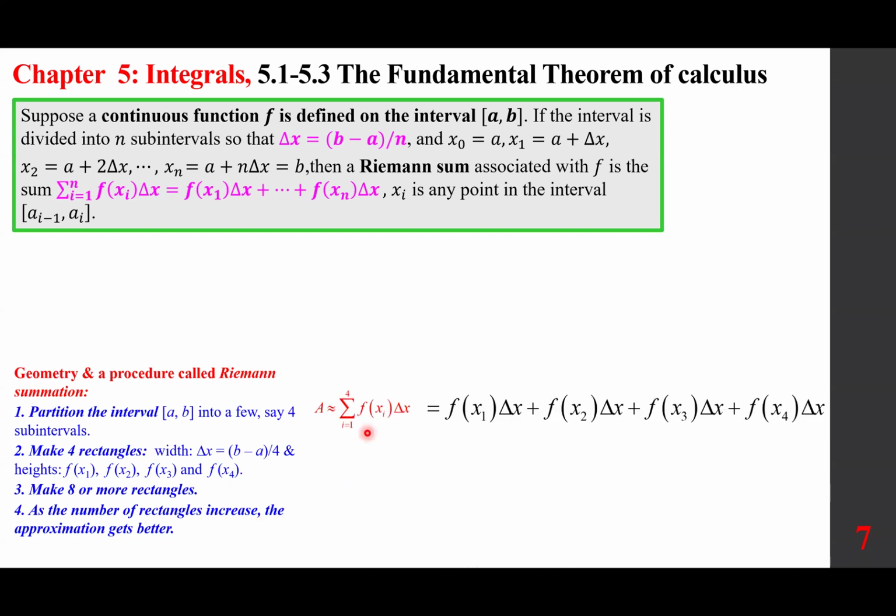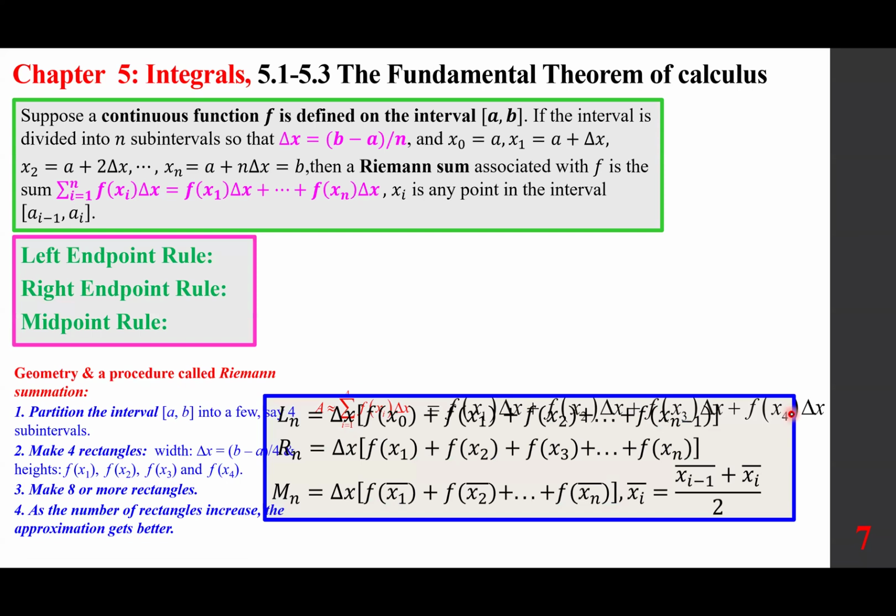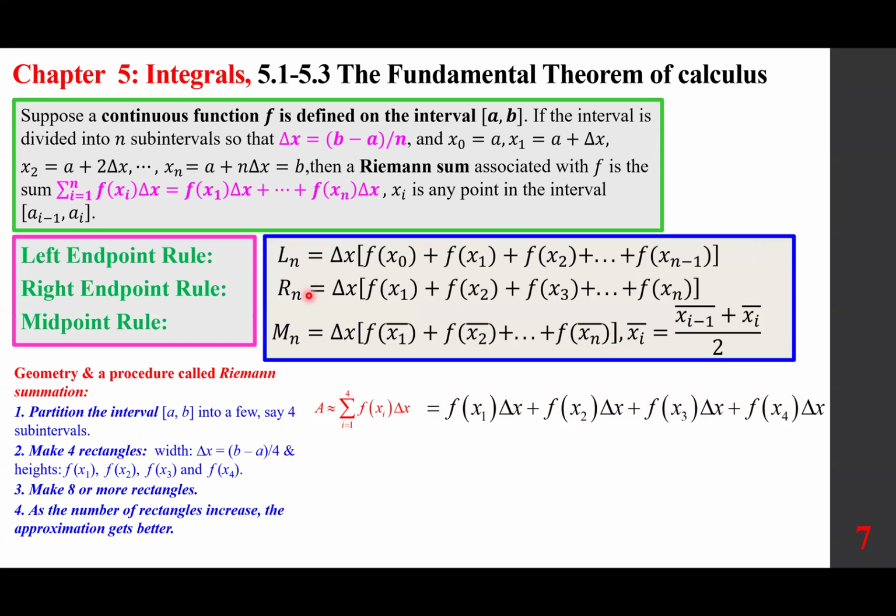For example, for the 4, the area is approximated by the sum of f of x sub i delta x as i goes from 1 to 4. We use the left endpoints, the right endpoints, the midpoints. They are all approximations. And you don't have to memorize that formula.